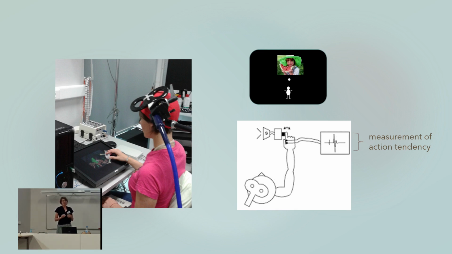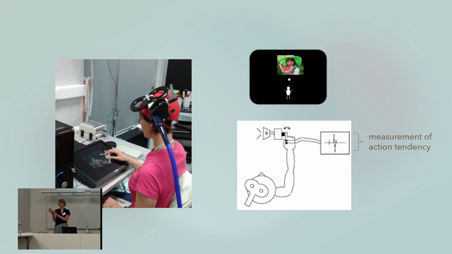And what we did with the TMS was, we trained them first to execute this movement, so they knew this movement is approach, the other movement is avoidance. And then we just showed them the picture, and we gave an electric impulse to their primary motor cortex, and we measured the motor evoked potentials in their fingers.